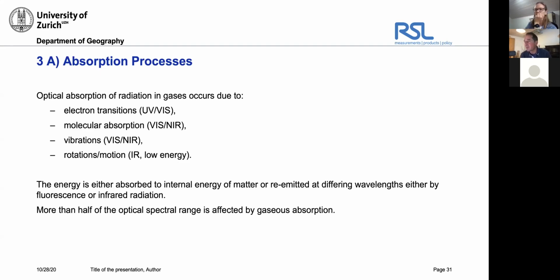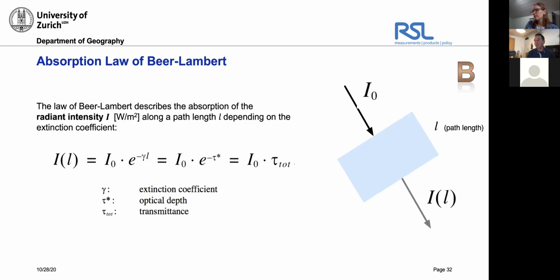And at lower energy, it's more rotations, motions of the molecules which can absorb energy. That's just a question of where the energy is going to. But usually, all these can only absorb at certain energy quanta or energy levels, because only certain states are feasible for molecules. That's why you typically see absorption lines or absorption bands of gases.